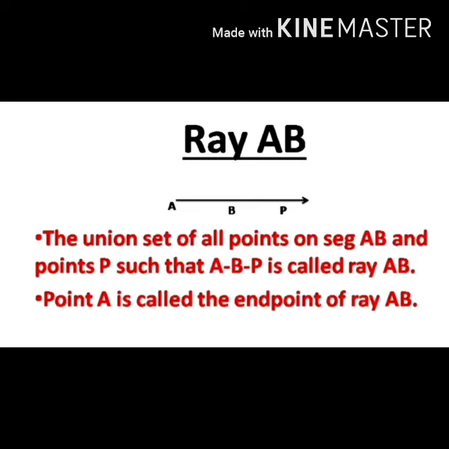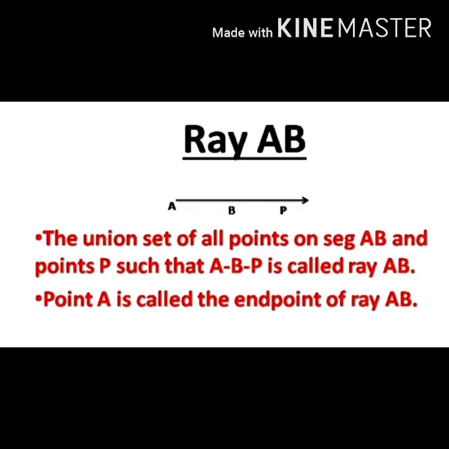Ray AB. Suppose points A and B are two distinct points. The union set of all points on segment AB and the points P such that A, B, P are collinear is called ray AB.